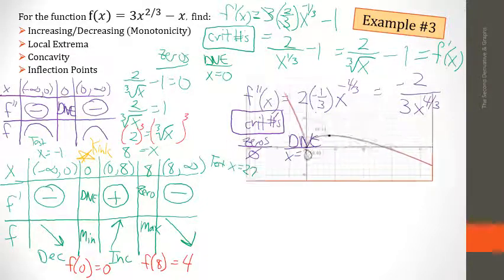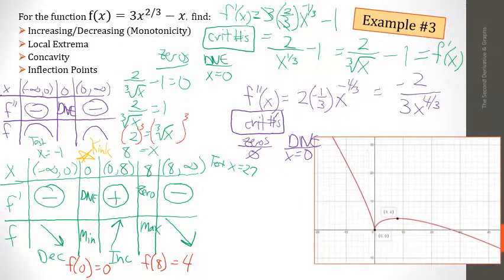So let's look at what this looks like. And it fits. Do you see the kink right here? Remember, f prime of 0 does not exist. And you can actually see it. But then the slope at 8 is 0, right?